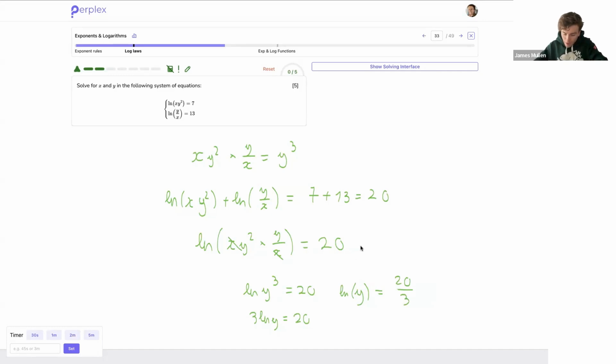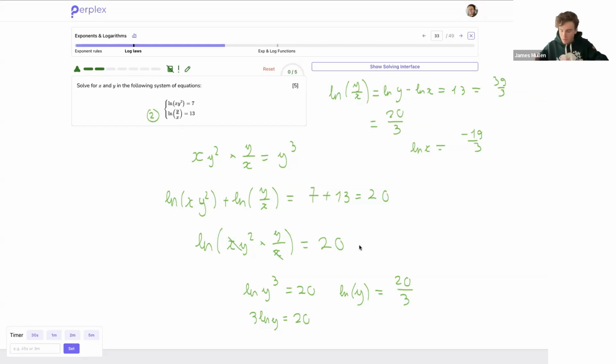So if ln of y is 20 over 3, then I know that ln of y over x is equal to ln of y minus ln of x, and that's supposed to be equal to 13 according to equation number 2. And if I know that ln of y is 20 over 3, and 13 is 39 over 3, then ln of x must be equal to negative 19 over 3.